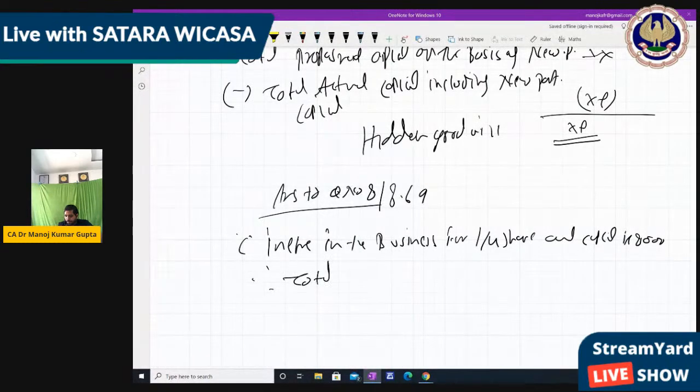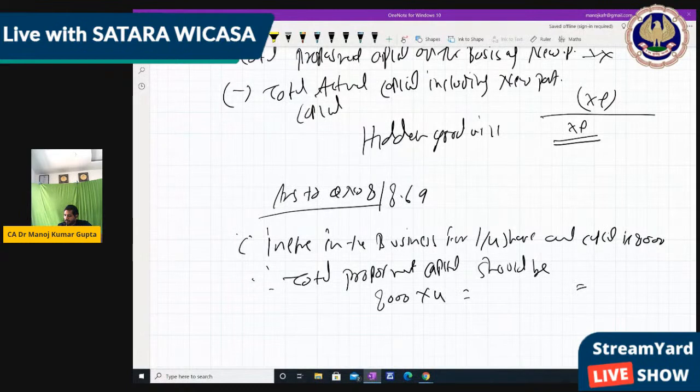Therefore, total proportionate capital should be: 8,000 is for 1/4, so how much in total? That is 32,000.